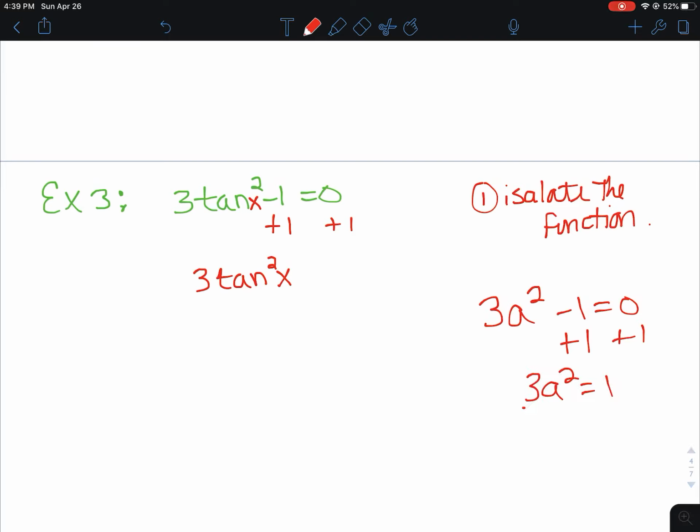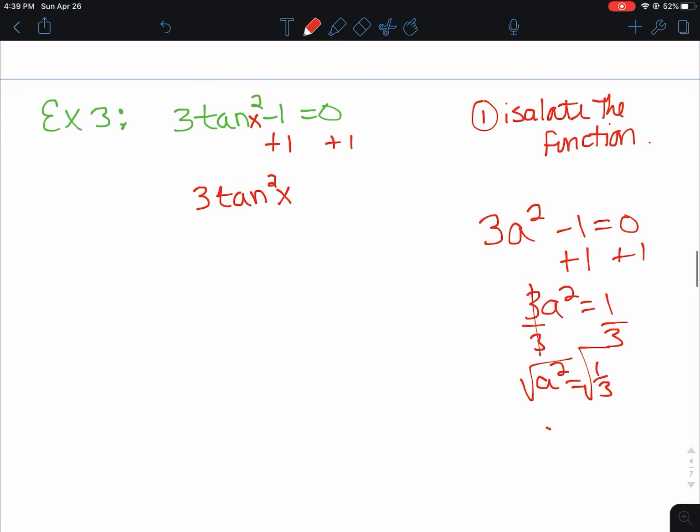We'd add 1. 3a squared is equal to 1. Divide by 3. a squared is equal to 1/3. Take the square root, and so a is equal to plus or minus the square root of 1 over the square root of 3, or 1 over the square root of 3. All right, plus or minus.